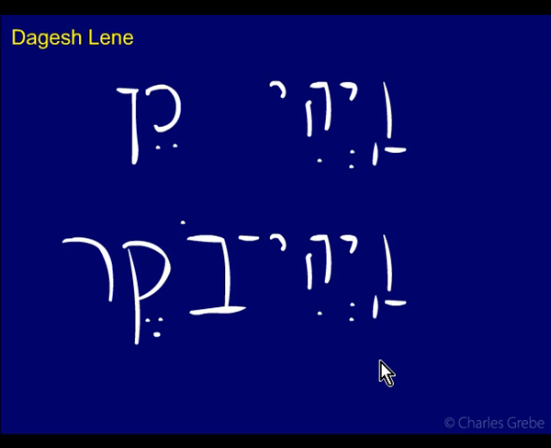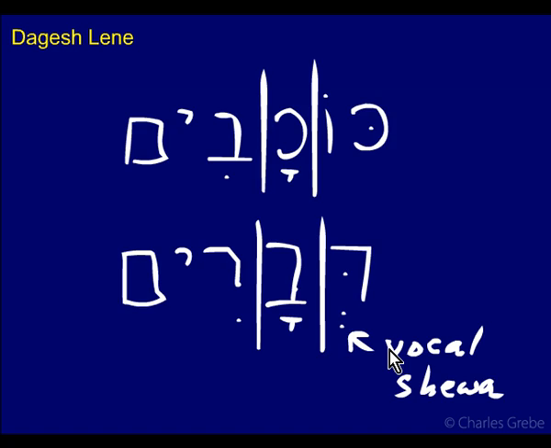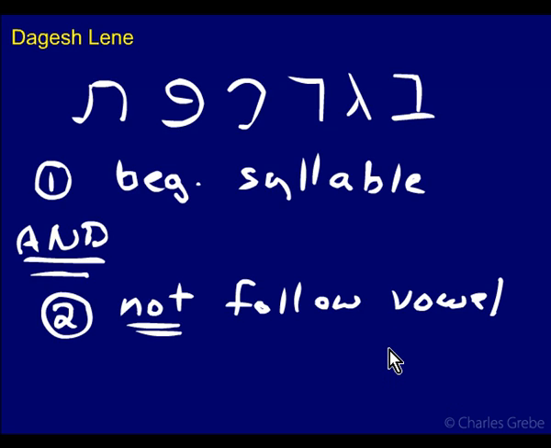There was evening, there was morning, day one. Now this is the same situation here. You have a Begad Kafat letter that could take a Dagesh Lene, begins a syllable, but it follows a vowel. Here it follows even more closely than before because you have a makef joining the whole thing together. But that's why you say vayhi voker, not vayhi boker. So Dagesh Lene can disappear quite easily. The thing to remember is really just our two conditions. Dagesh Lene will only be there if it's at the beginning of a syllable and does not follow a vowel, any vowel, even a vocal shva.